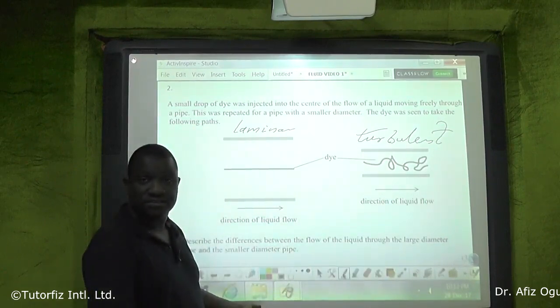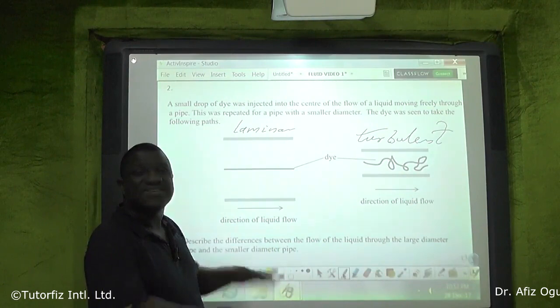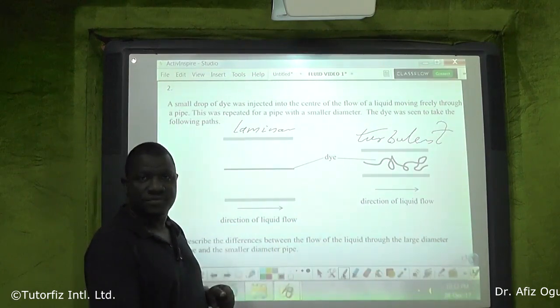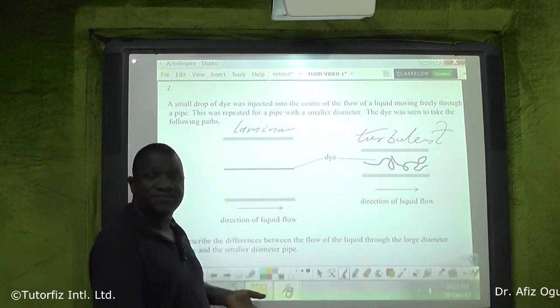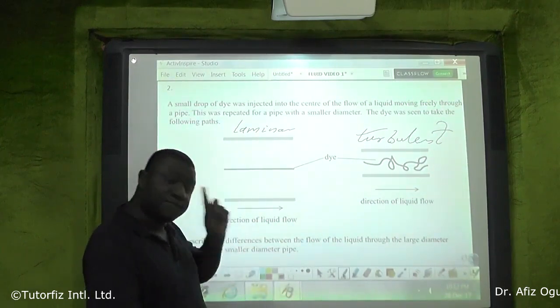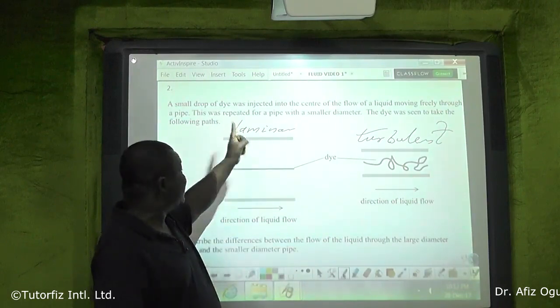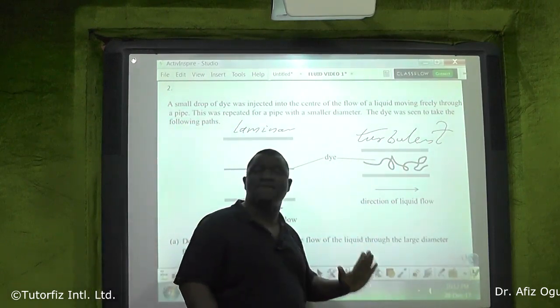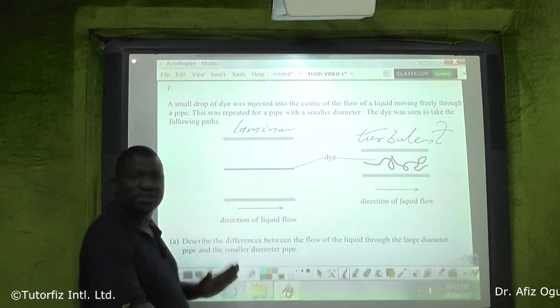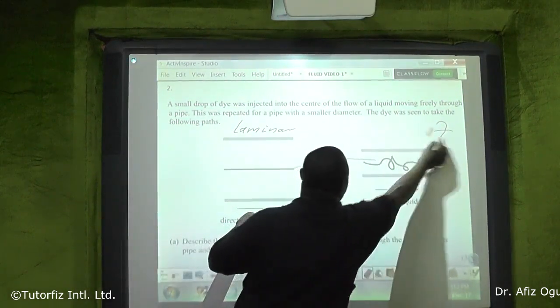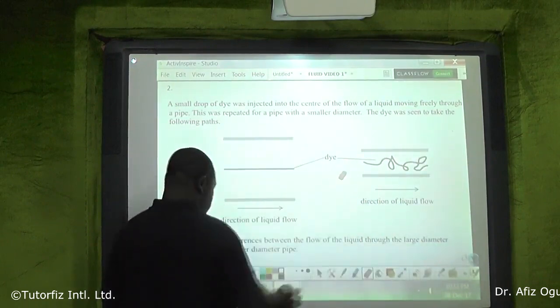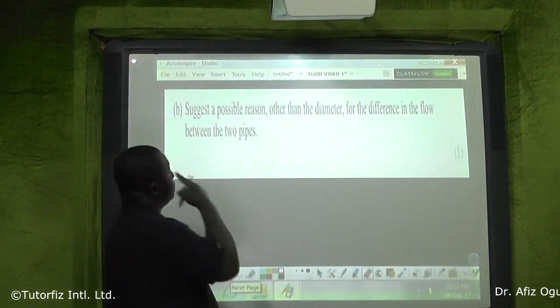This is just enough for you. If you have the time, write all the differences, but first, you must state that this is laminar and this is turbulent. You have all the characteristics in your note if you have watched my video on laminar and turbulent flow.